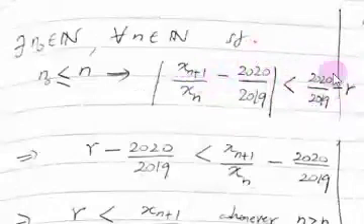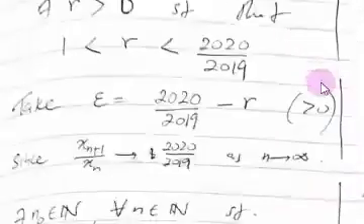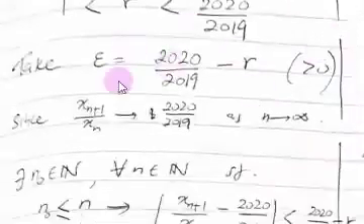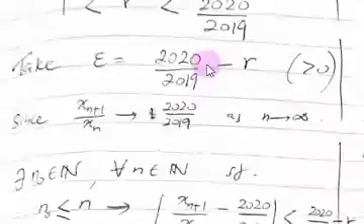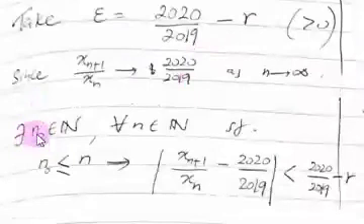This is the value of epsilon, we have taken that value. So for this epsilon value, there exists n naught such that for all natural numbers bigger than this number, this one is true, right?